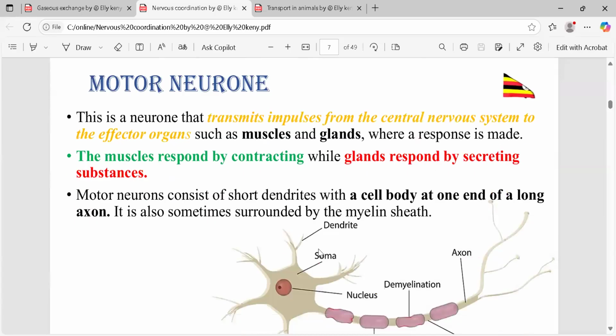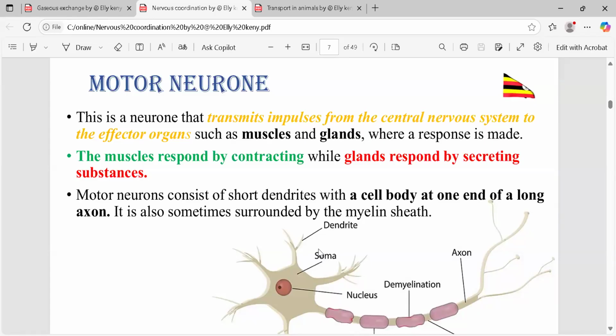Motor neuron, this transmits impulses from the central nervous system to the effector organs such as muscles and glands. So it can be a muscle in the case where someone has touched a hot object or thinks they have stepped on a snake, so that the muscles get a lot of energy and make you fly away very fast. But it can also be the glands in the case where someone has come back home and sees mom preparing a very delicious meal.